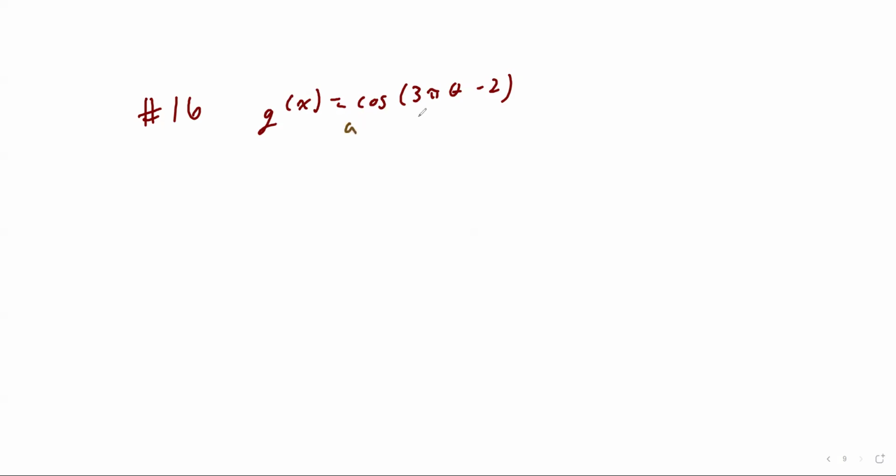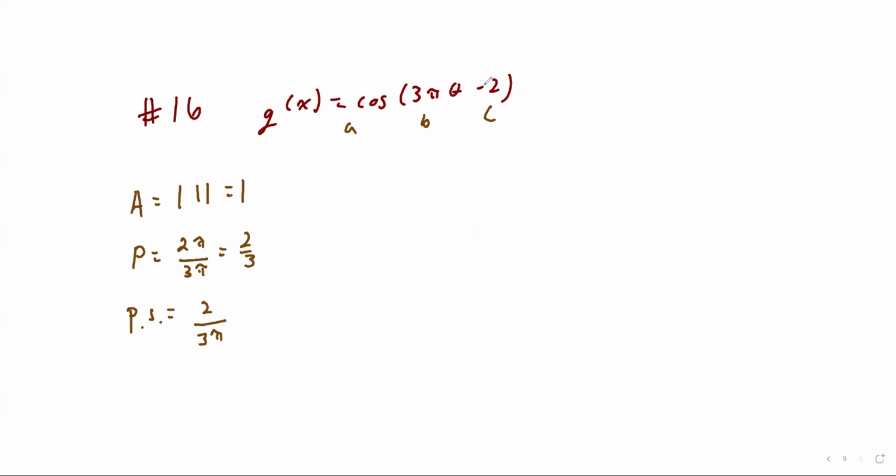Here's my A, my B, and my C. So my amplitude in this case is the absolute value of 1, which is 1. If there's no number there, you have the amplitude 1. Period would be 2 pi divided by 3 pi, which in this case is just 2/3. And then my phase shift would be 2 divided by 3 pi. And then you can't reduce that, so we leave it that way.